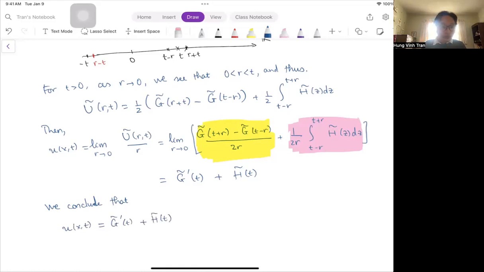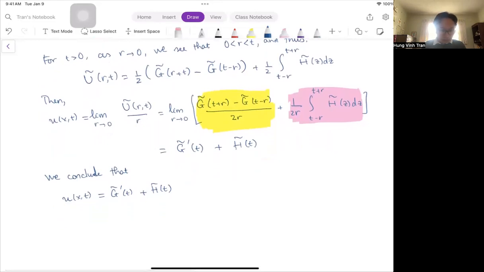And if you recall, g tilde prime at t is what? g tilde is defined to be r times the average, and r is t, sorry. So it's t times the average of the integral on the sphere of center x, radius t, because t equals r, of g of y dS_y, differentiated in t.